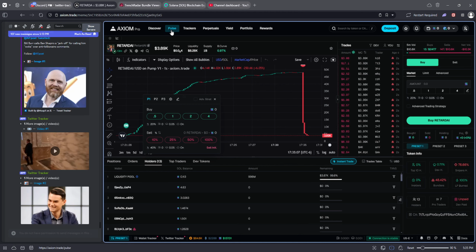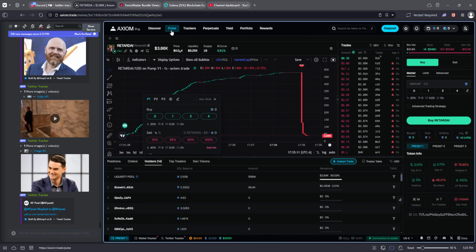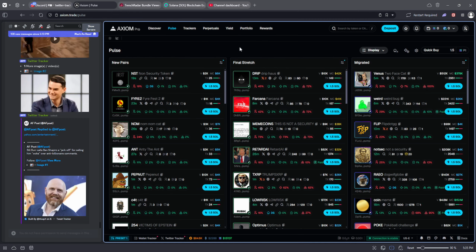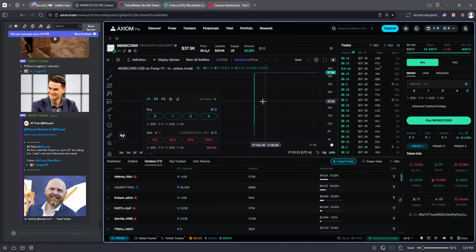The reason that you want to use MEV protection is there are these bots on the market, and this is kind of tip number 2. There are bots on the market called MEV bots. MEV stands for maximal extractable value. It's a bot that looks at all the transactions happening throughout the chain.